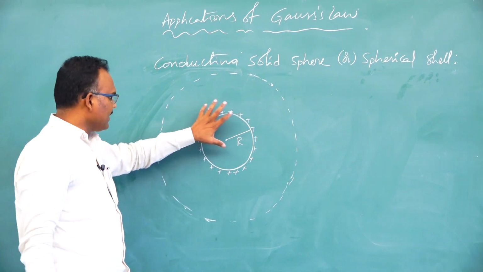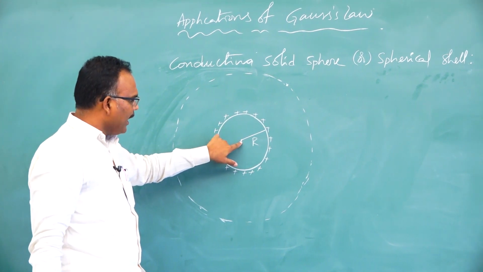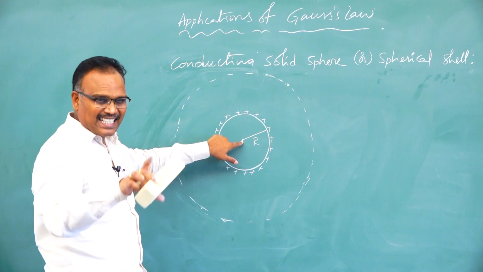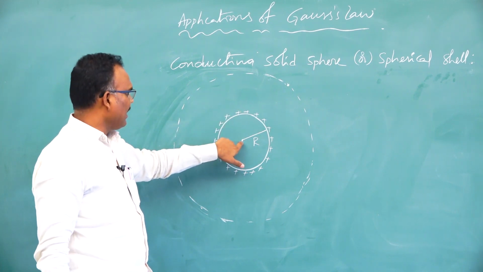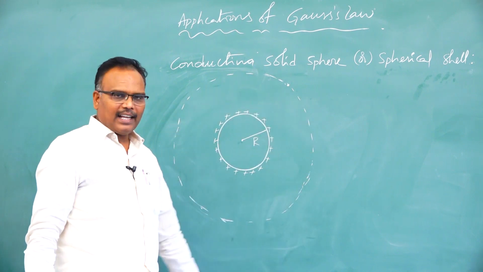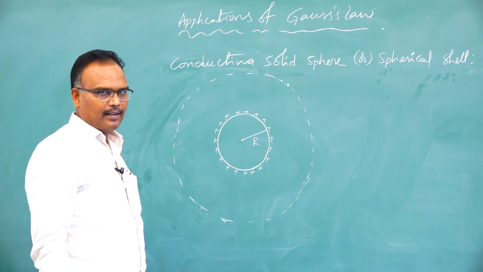From this center, the entire charge is concentrated at one point, that is called the charge center. From the charge center, every point is equidistant. This is one important point.